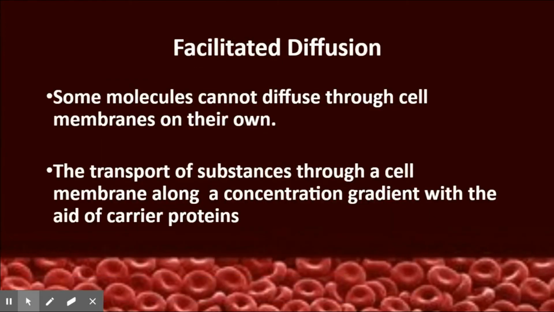The next thing we need to talk about is facilitated diffusion. So facilitated means that there's going to be something helping. So sometimes if the molecules are too big to go through the cell wall, or there may be some other reason they can't go through the cell wall, depending on maybe their chemistry, then we're going to have some other way that will help transport them through that cell wall.